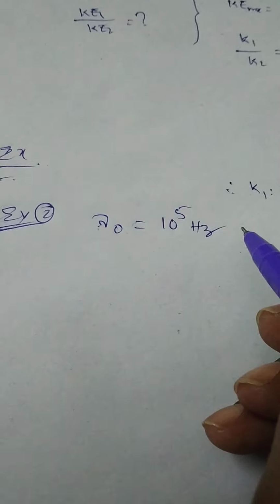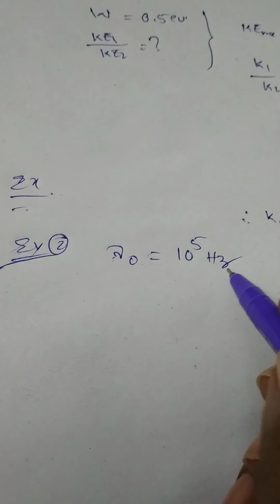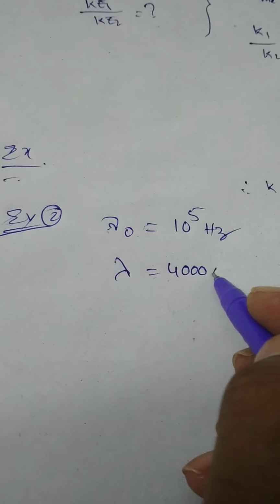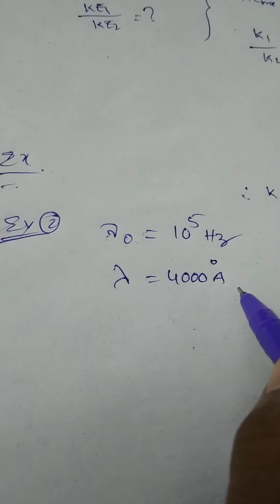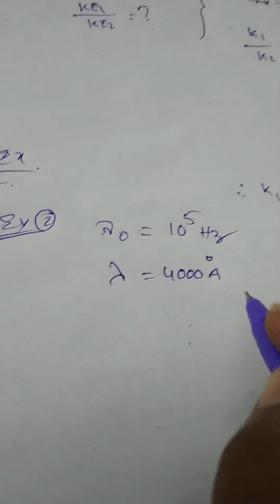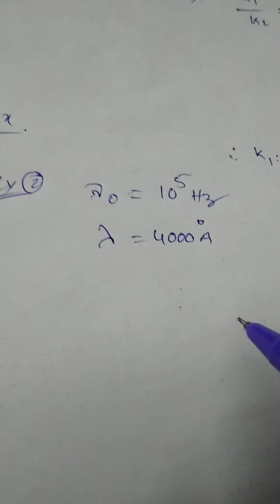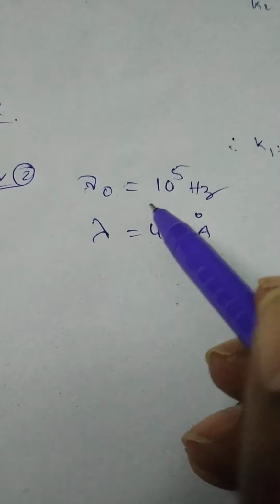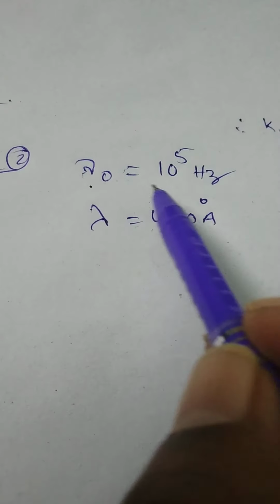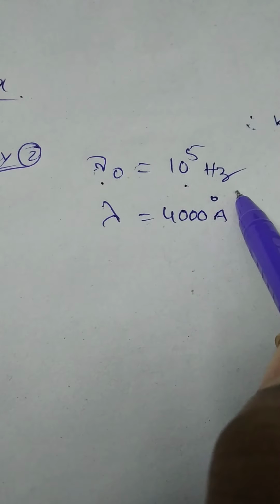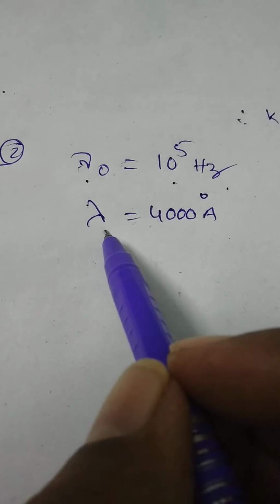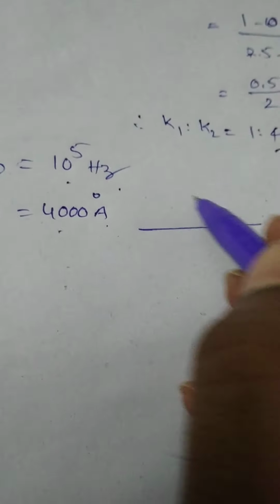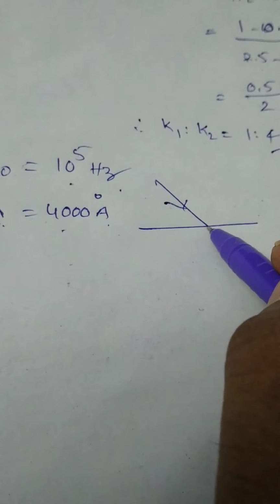When light of wavelength lambda is equal to 4000 angstrom units is made to be incident on it, then find the photoelectric current. What is the given data? Threshold frequency nu naught is equal to 10 power 5 hertz. Lambda is equal to 4000 angstrom units. Light is incident on the photometal.